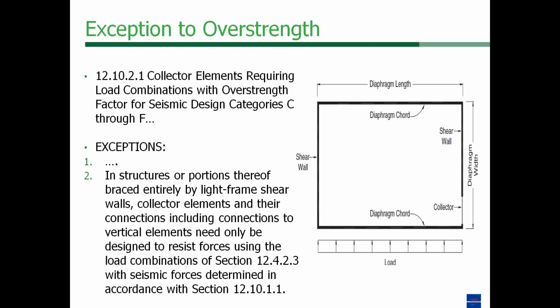But there's an important exception, number 2 here, that's shown, and it says in structures or portions thereof braced entirely by light frame shear walls, collector elements and their connections, including connections to vertical elements, need only be designed to resist forces using the load combination of section 12.4.2.3 with seismic forces determined in accordance with section 12.10.1.1.